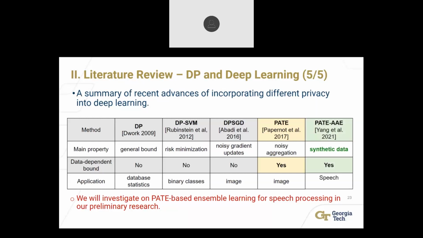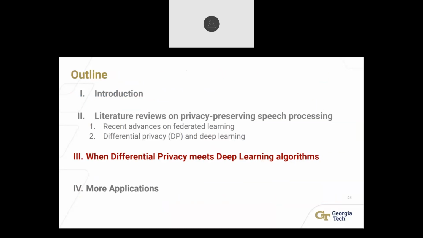For PATE, they associate it with a relabeling process. And the paper we talked about last year uses a jointly trained generative model to synthesize some fake data during this teacher-student learning process. Given the time constraint, I have to skip some foundations of differential privacy, for example how to derive this bound and how to get the epsilon delta definition. But I hope you get this measurement and how a randomized algorithm indicates a privacy budget.